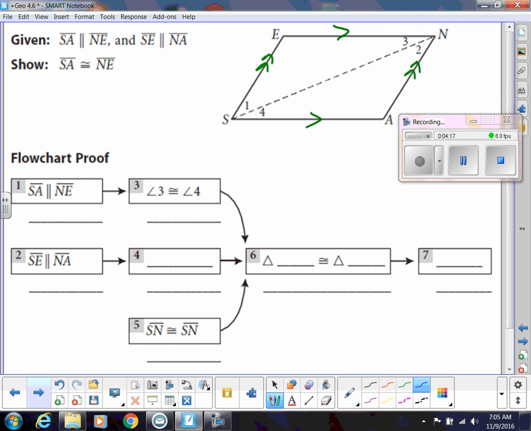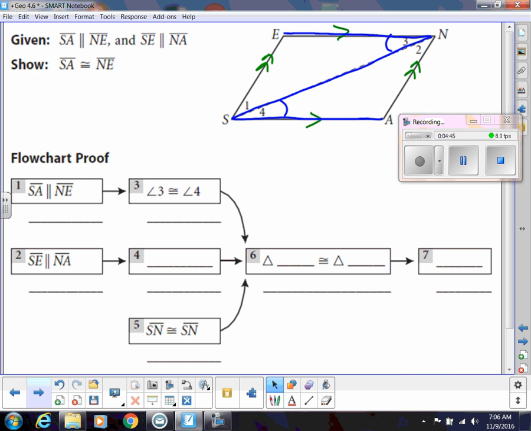What we do know from parallel lines are angles. So look for your angles. Look for alternate interior angles, corresponding angles, alternate exterior, and consecutive interior. So if I trace this parallel line and this parallel line and use that diagonal as a transversal, you see it makes that Z shape with angle 3 and angle 4. So those will be congruent because of AIA.